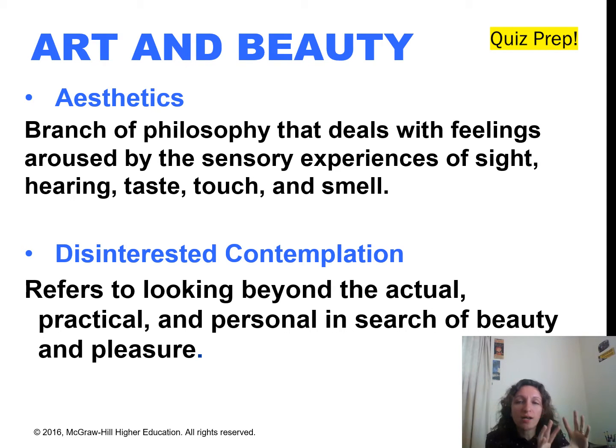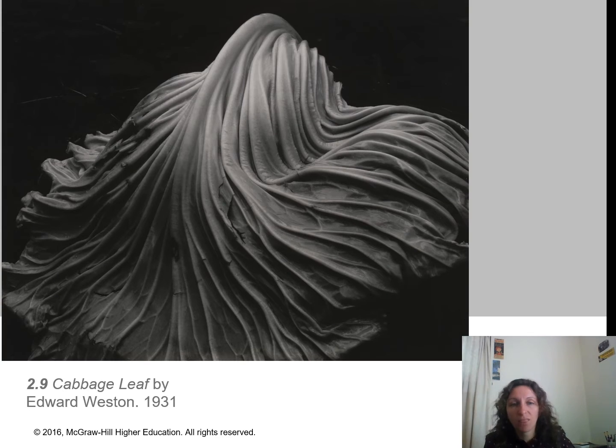Right? So let's look at an example of that in action. This is Cabbage Leaf by Edward Weston, and this artwork is taking something that is by no means considered beautiful. A cabbage leaf is not something that we would normally think of as an aesthetic object.